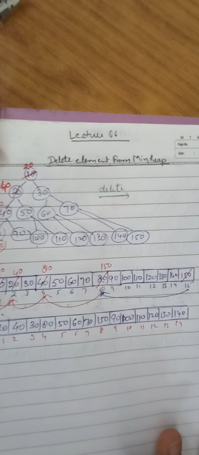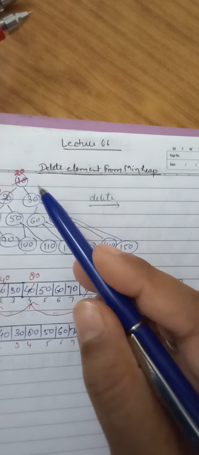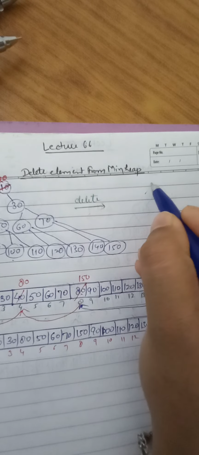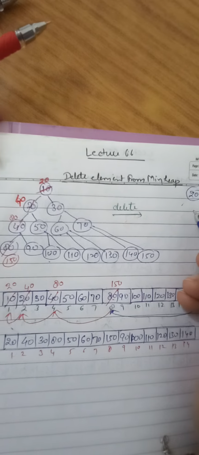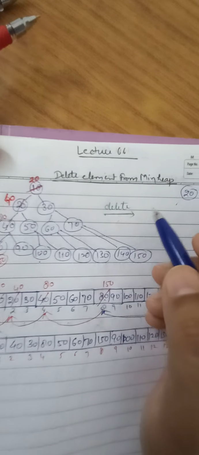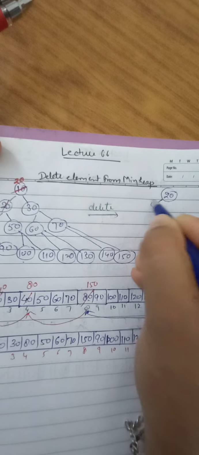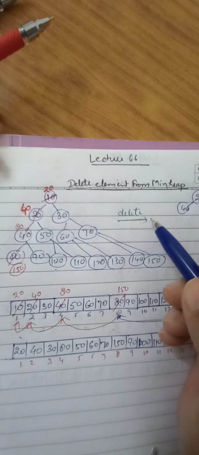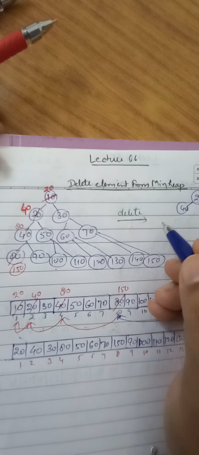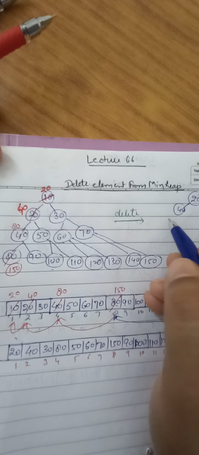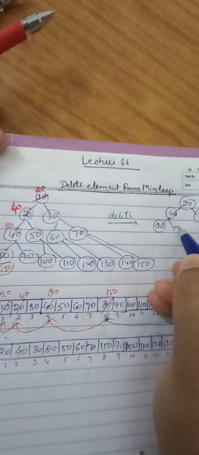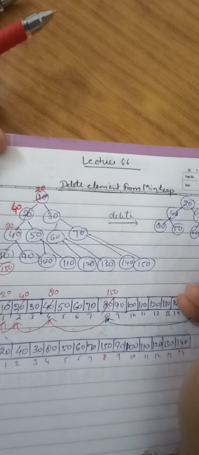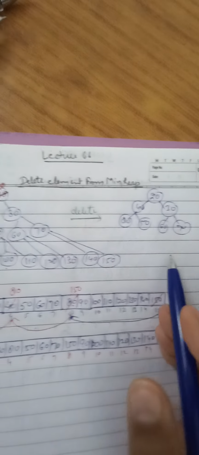So what is the tree? Let's see here. Instead of 10, 20 will remain, and its children are 40 and 30 now. Now instead of 40, 80 will come. The children of 80 are 50 and 60 and 70, 60 and 70.